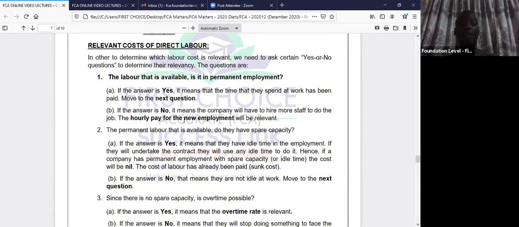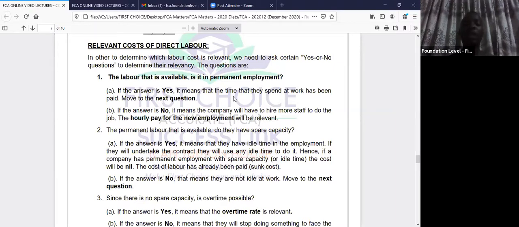Your answer could be yes, your answer could be no. If your answer is yes, it means that you already have people working for you permanently. And it means that all the time they come to work, you have bought their time and you've paid for their time.